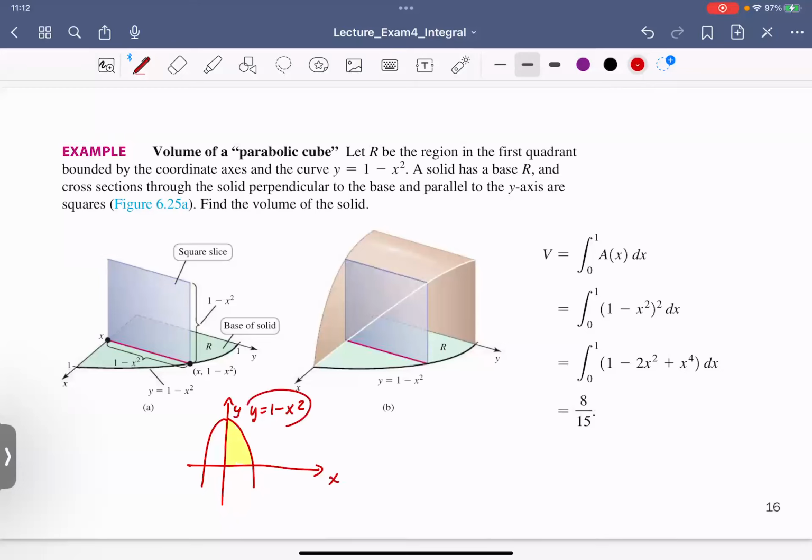Once you have this region, I'm going to use it as my base. So in 3 dimensions, z is here, y is here, x is here, and I put that yellow region down here.